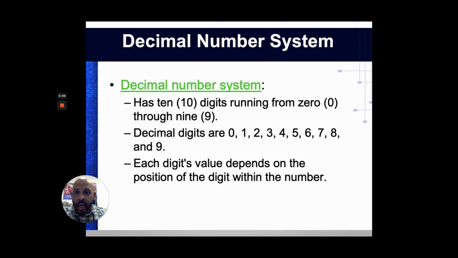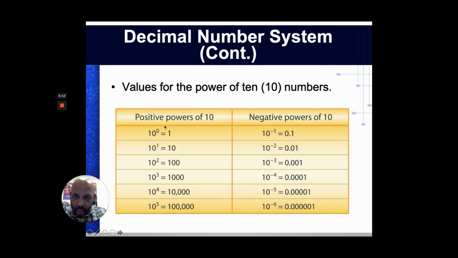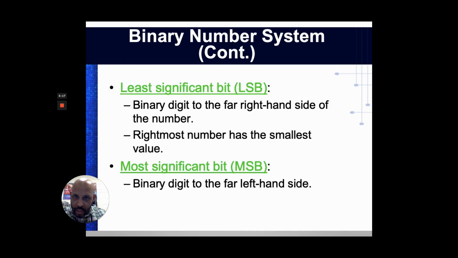I already talked a little bit about the decimal system, and of course, the base is base 10. I'm going to review this in a second. Least significant bit and most significant bit.